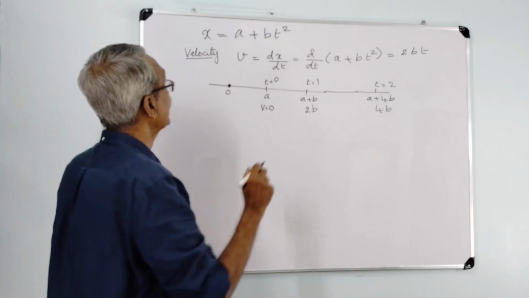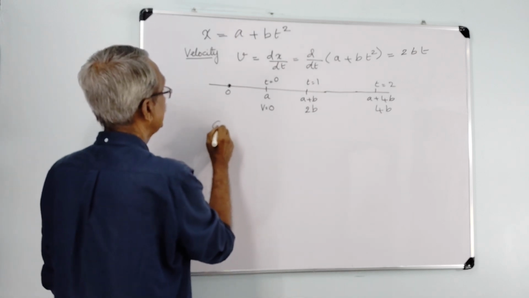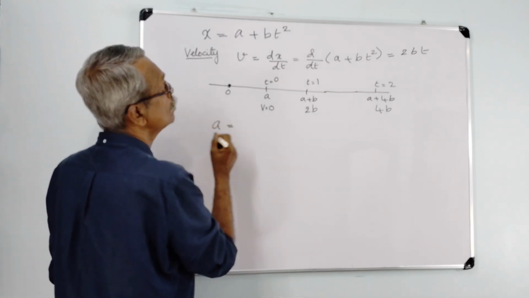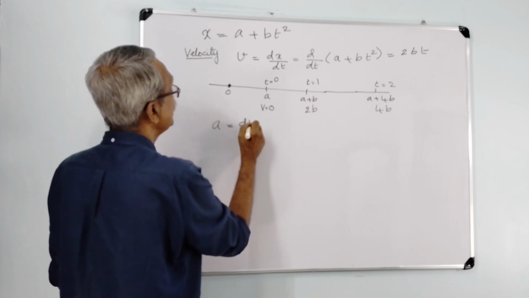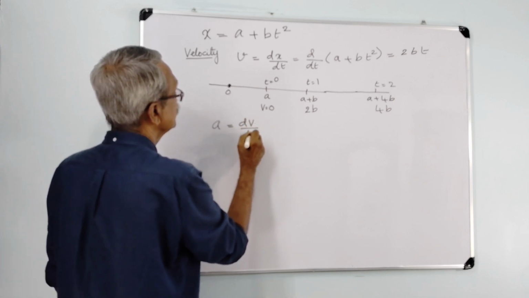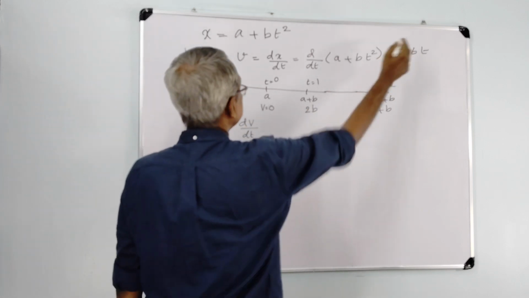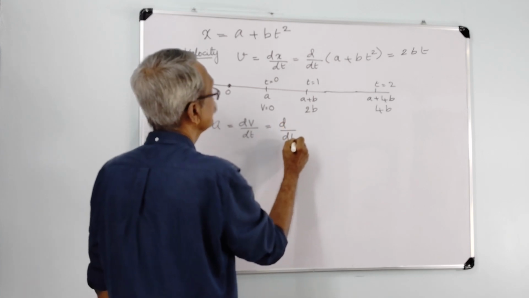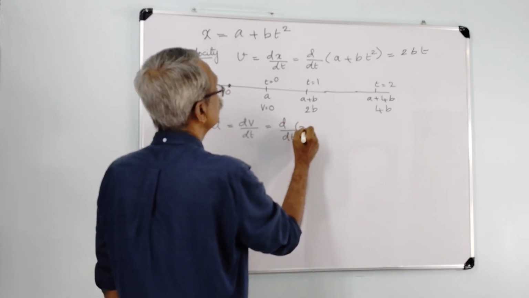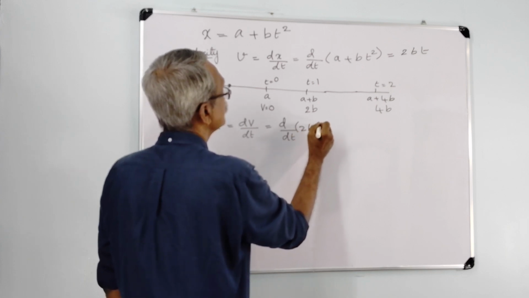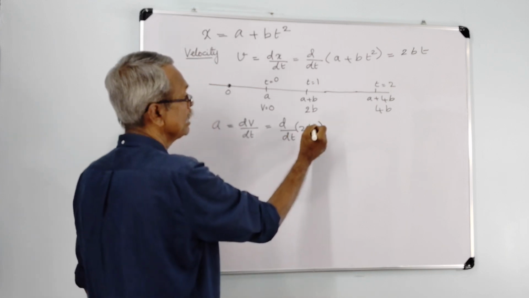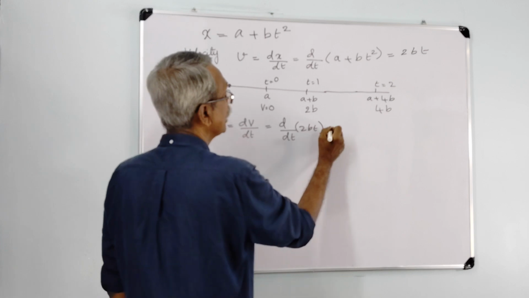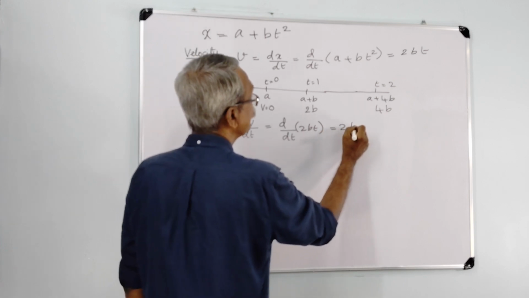We can calculate the acceleration of the particle, a, that is equal to dv by dt. We have to differentiate this again, therefore d by dt of 2bt. 2b is a constant, the derivative of t with respect to t is 1, therefore this is 2b.